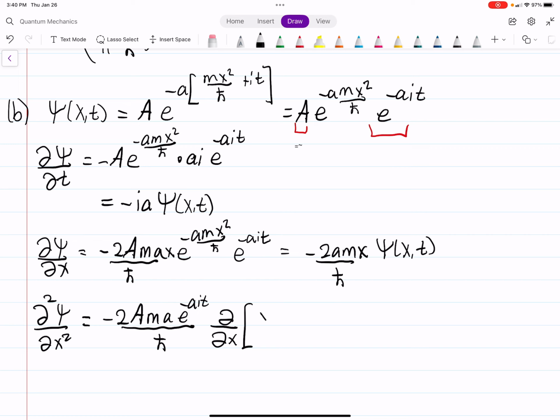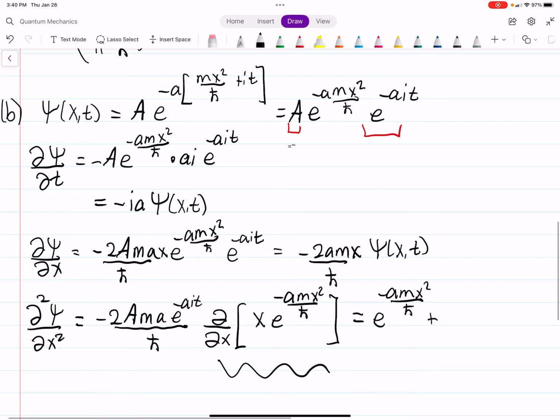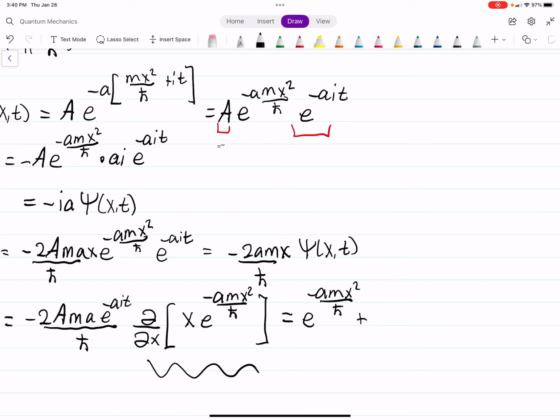We still have x e to the minus a m x squared over h bar. So I'm just going to do this part right here. This is obviously a product rule, so derivative of the first times the second, plus, when we take the derivative of our e, we'll just get, first off, we have our first function.